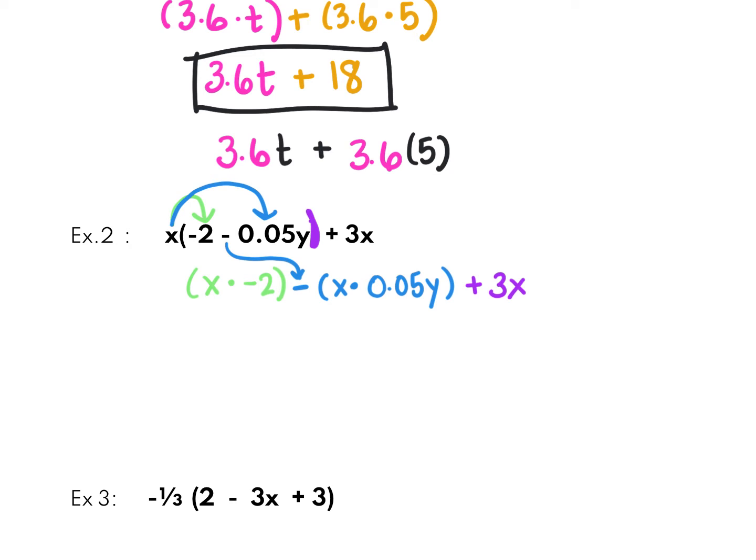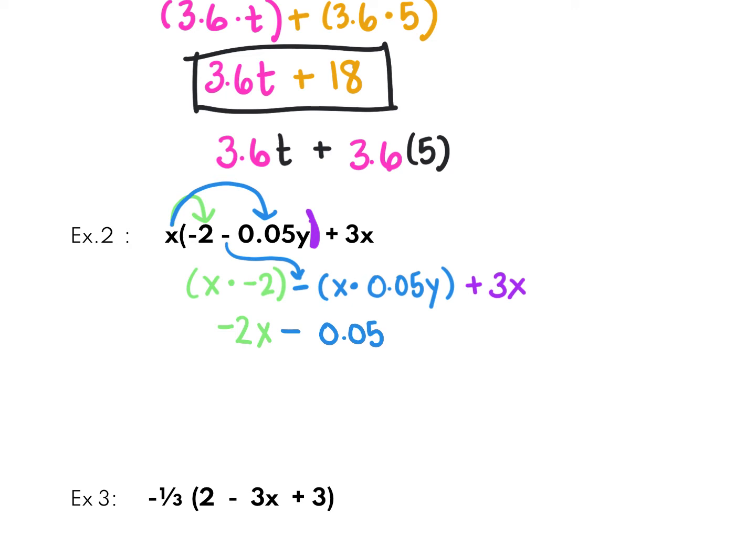So let's clean this up a little bit now. I have x times negative 2. We're going to want to write the coefficient in front of the variable. That's how you're going to typically see that in algebra. Okay, I have my subtraction sign here. Again, I'm going to put my coefficient in the front.